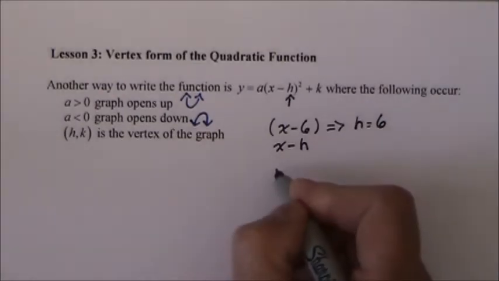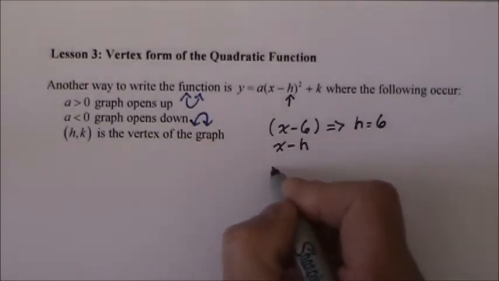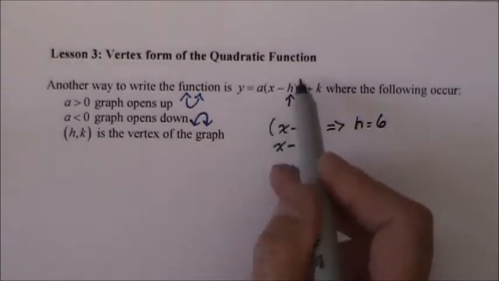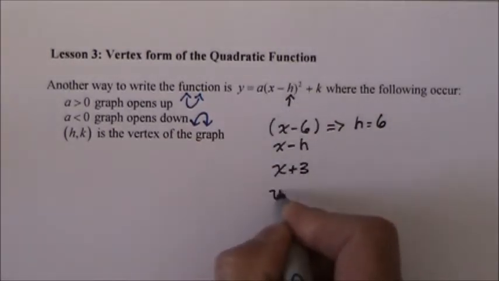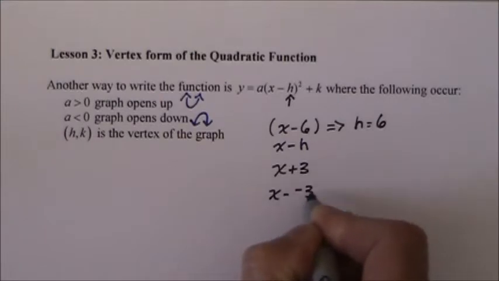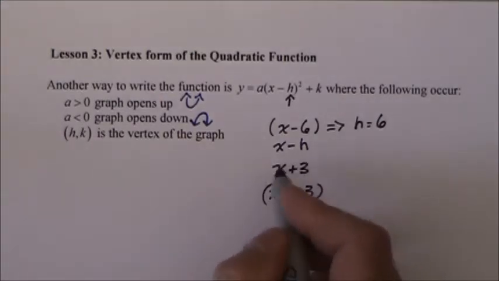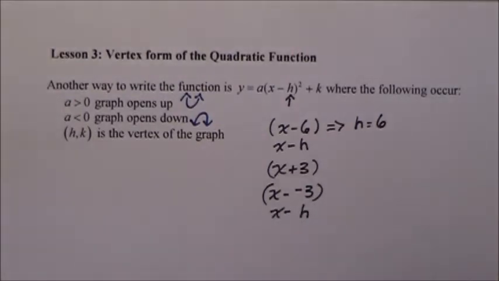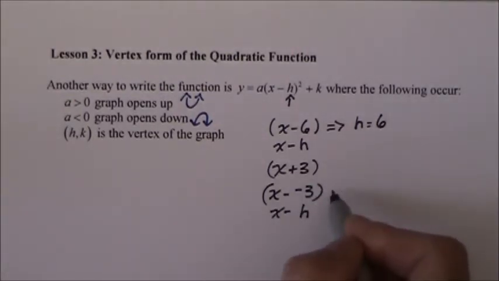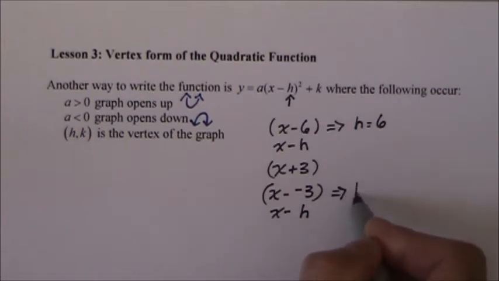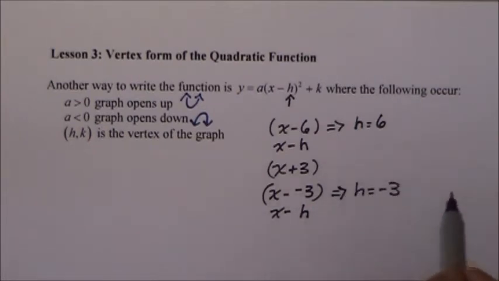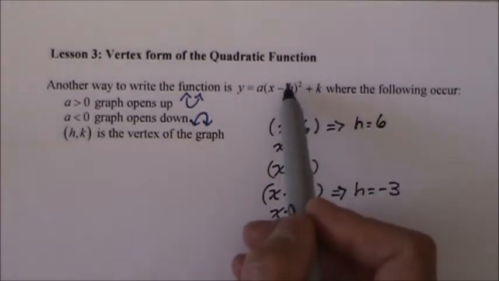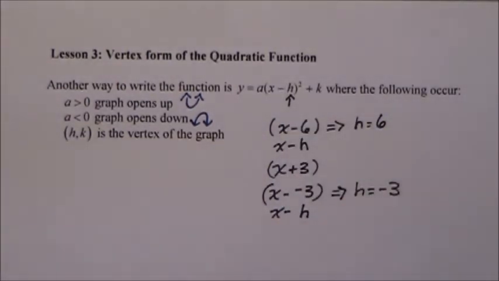If I had x plus 3, if I write it in the same format, that would have been x minus negative 3. So there's my h, and this time we end up with h equaling negative 3. So this h value is going to be the same number as this, but the opposite sign is what we have inside the brackets.